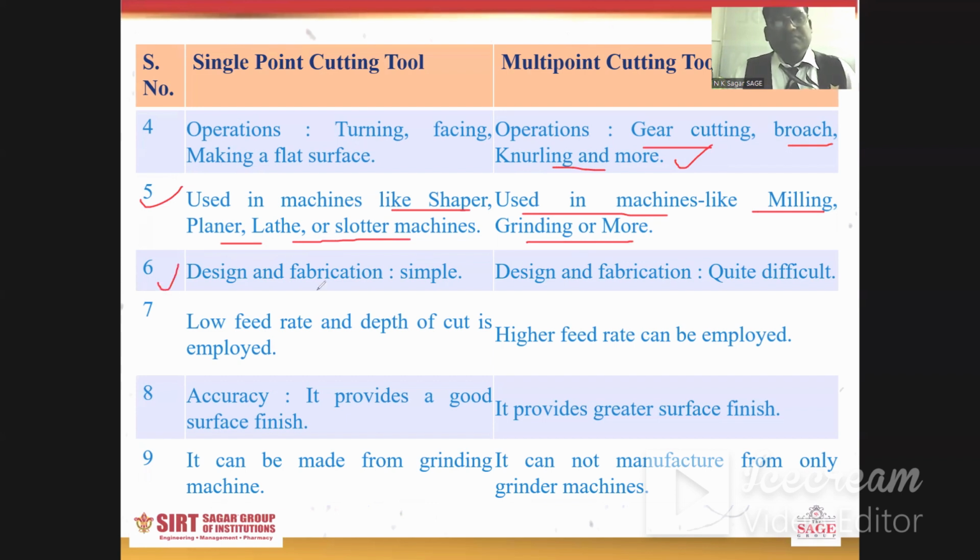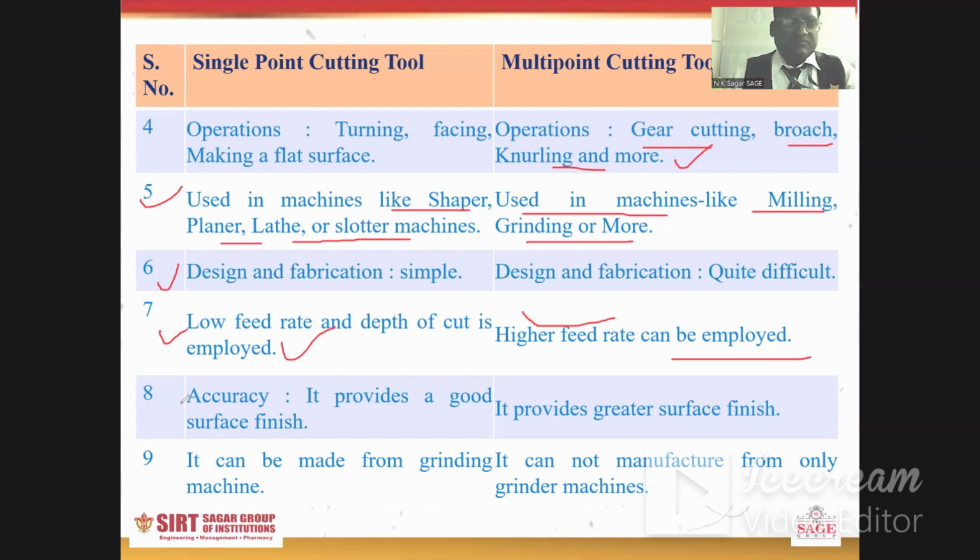Next, design and fabrication wise, the single point cutting tool is very simple, and multi-point cutting tools are quite difficult as per the design and fabrication. Next, single point cutting tool has a low feed rate and depth of cut is employed. In multi-point cutting tool, a higher feed rate can be employed.